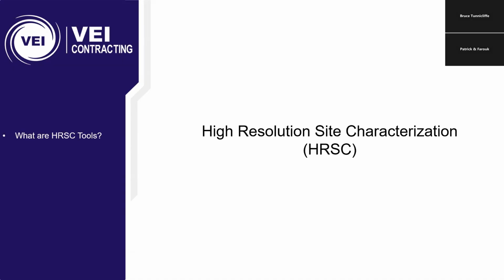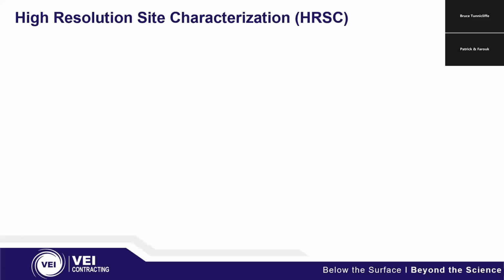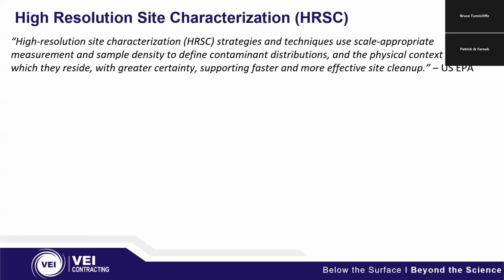So what are high-res tools? We're going to talk about the HPT in depth and maybe look at some advantages that the HPT might have over conventional methods of estimating hydraulic conductivity. So the US EPA defines high-resolution site characterization as strategies and techniques to scale appropriate measurement and sample density to define contaminant distributions and the physical context in which they reside with greater certainty, supporting faster and more effective site cleanup.